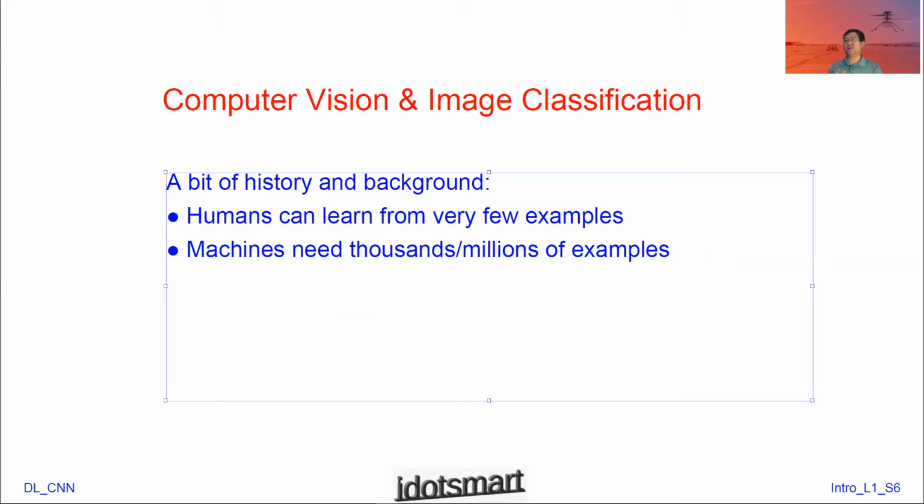Let's look at a little bit of history about computer vision and image classification. Humans can do classification and recognition: if there is a new category or object we want to recognize, we need to evaluate only a few samples, but the machine, however, needs thousands or even more.